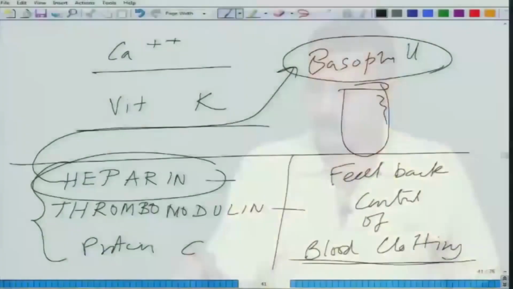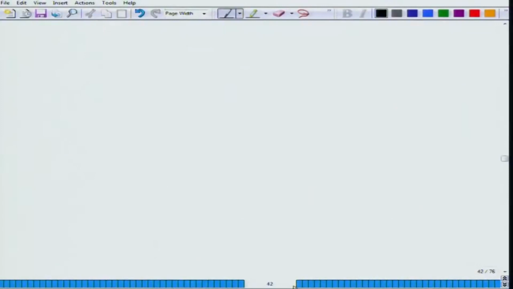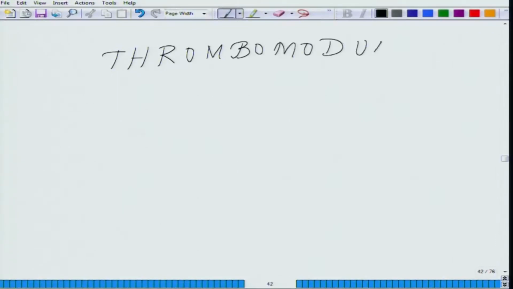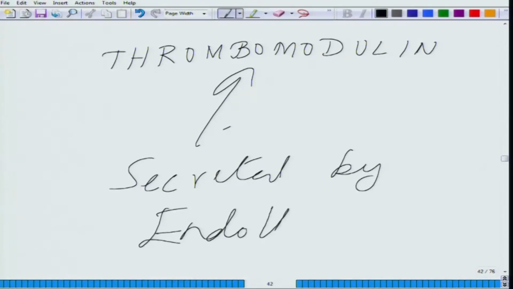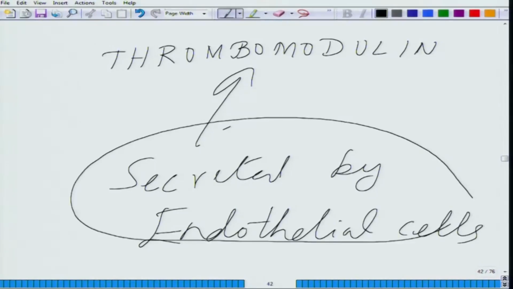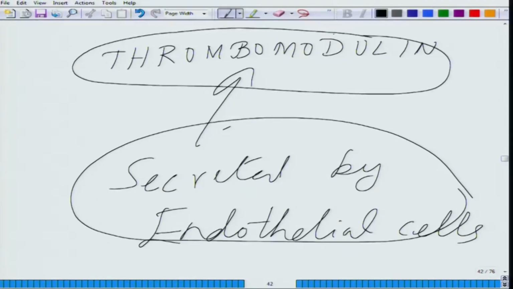Okay. So, there is this heparin which is produced by the basophil. Then you have thrombomodulin. This thrombomodulin is secreted by the endothelial cells, and this essentially also ensures that the blood clotting does not continue forever.